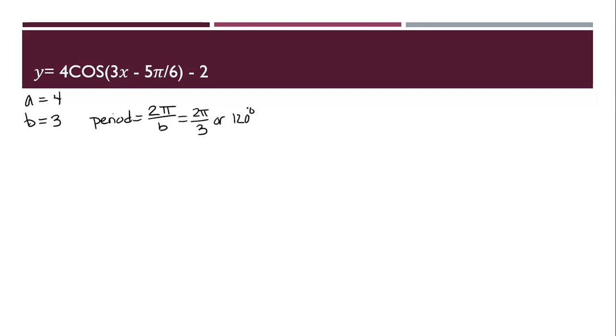It doesn't always work out like that. C value is negative 5 pi over 6. So we know we've got a new starting and stopping point. And my D value is negative 2. So that means our axis shifted down. So our new midline is at y equals negative 2. So we need to calculate a new starting and stopping point.